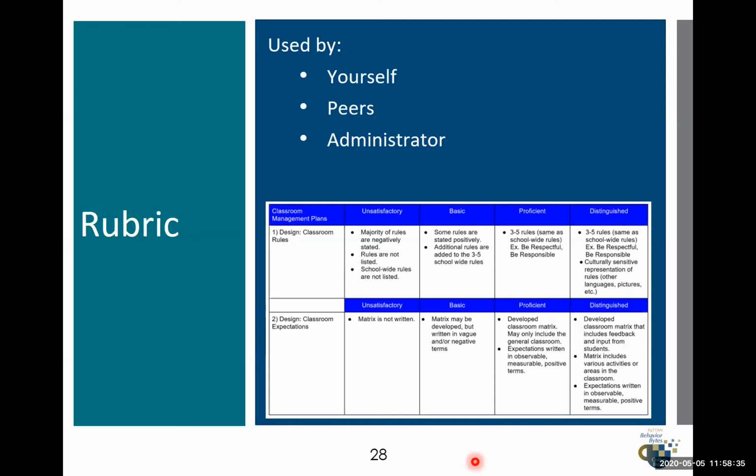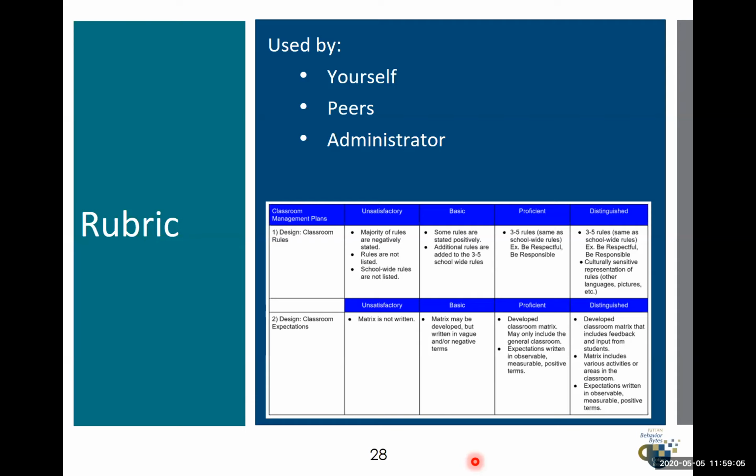I had another district that they always had peers look at their classroom management plans. They were completing them as a grade level team together, or they were completing them as a department together. So you don't have to complete your classroom management plan in isolation. So the teams that I was supporting, they completed them together because they wanted students to have some consistency as they were moving from teacher to teacher throughout a grade level or through various departments.